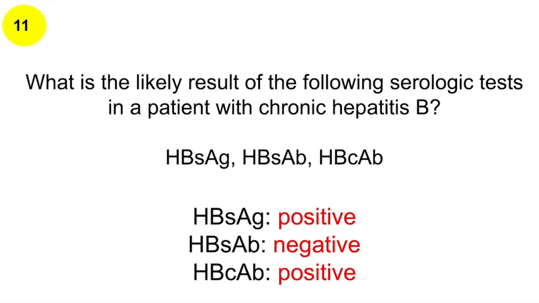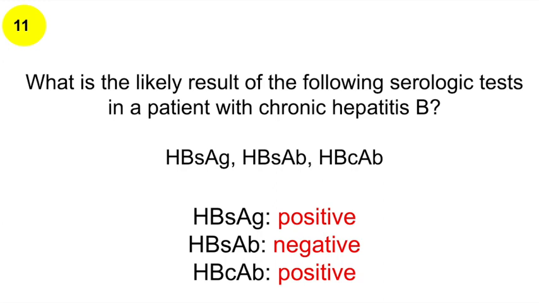So let's break this down. So in chronic hepatitis B, it makes sense that the core antibody would be positive because remember, a positive core antibody means that you have come across hepatitis B. So whether that is a previous or ongoing infection. So that would of course be positive in chronic hepatitis B.